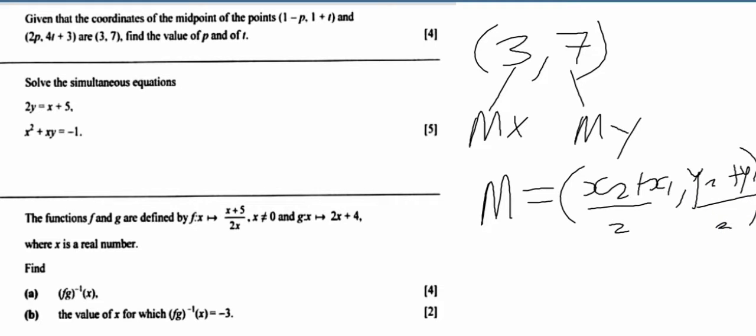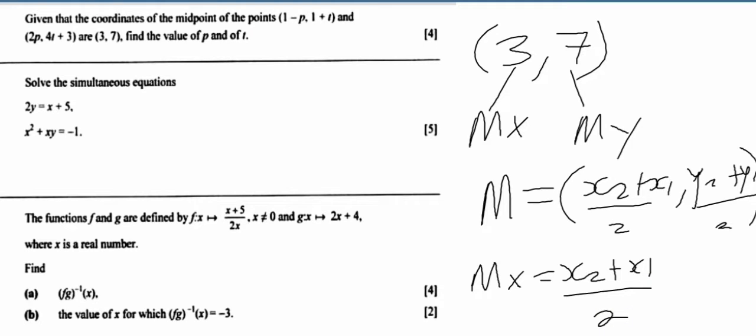So which means we can separate these two, whereby we can say this one here is just going to be the midpoint for the x values. So we can say the midpoint for the x value is going to be given by (x2 plus x1) divided by 2.